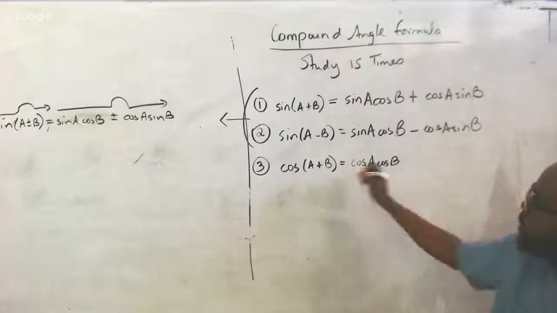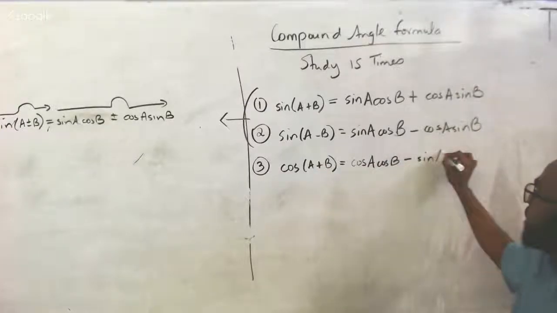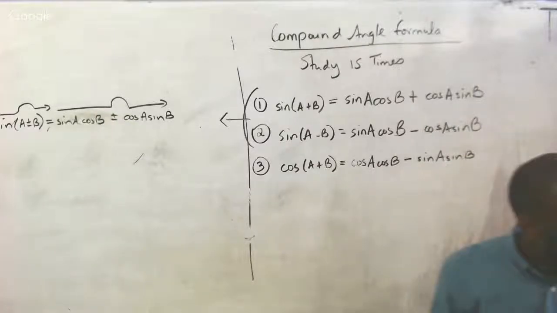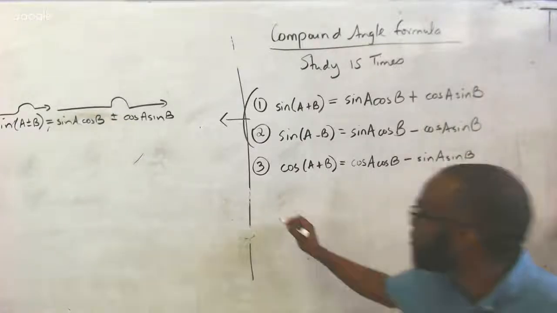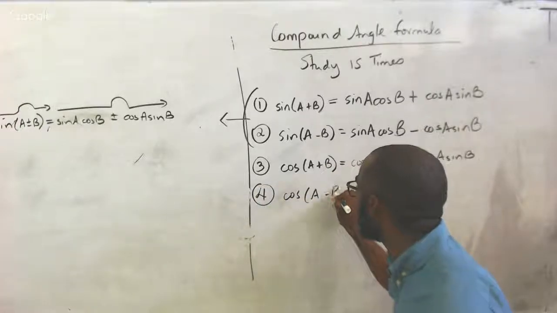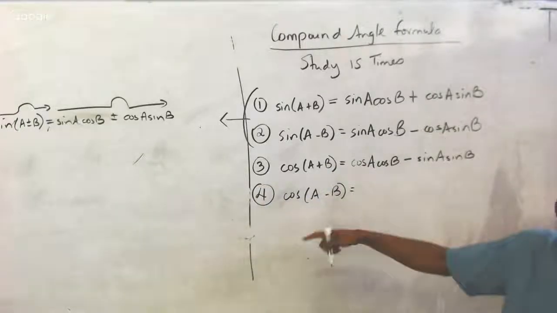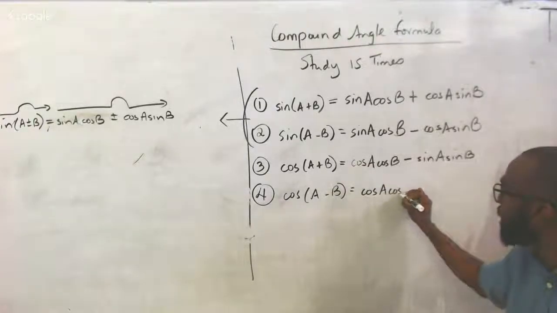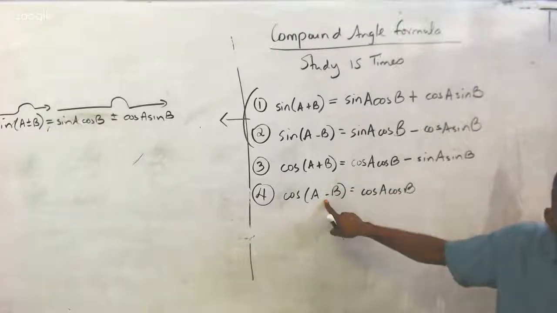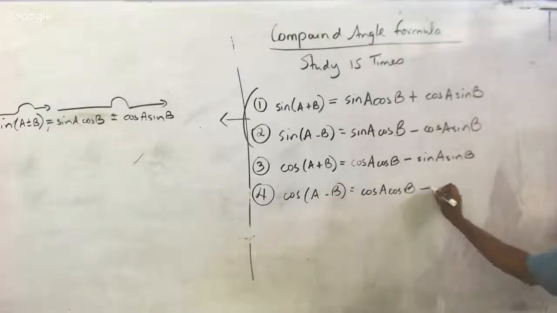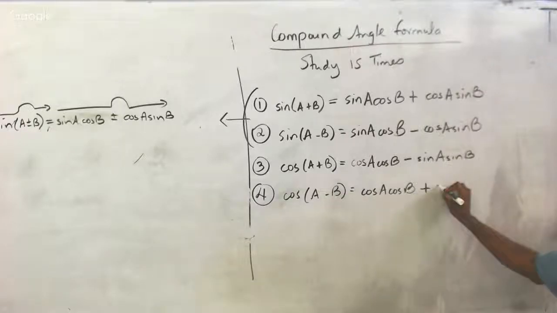And then change the plus to minus, sine of A, sine of B. See, it's easy when you talk it out? Alright, come again. Number 4. Cosine of A minus B is cosine, start with cosine. Cosine of A, cosine of B, but it changes the sign from minus to plus, and then this is sine of A, sine of B.